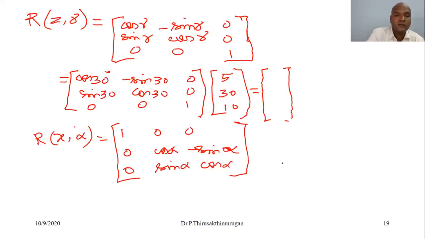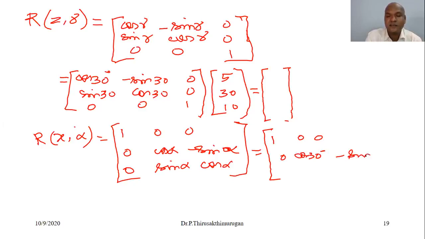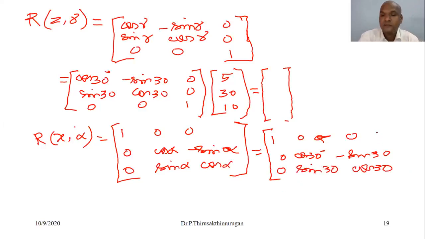Now substitute the alpha values. Whatever you get here will be substituted, but only the elements are displaced. So 1, 0, 0; 0, cos 30, minus sin 30; 0, sin 30, cos 30.